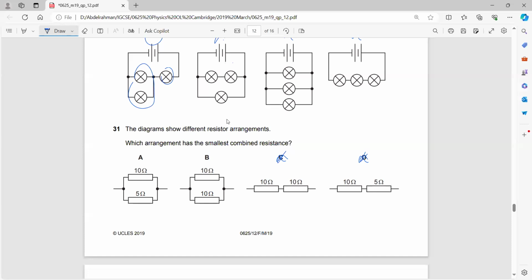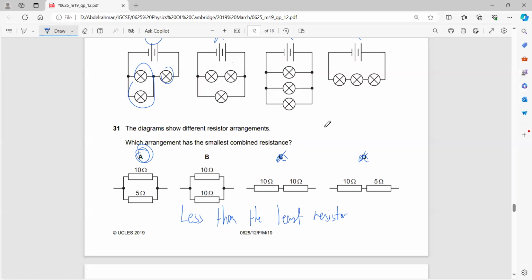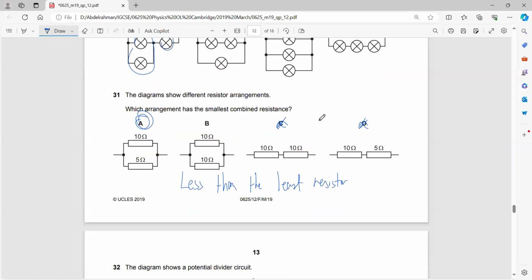Yes, it is A. Why? Because the combined resistance has to be less than the least resistor, which is A. This is the correct answer, in which case it would be less than 5.